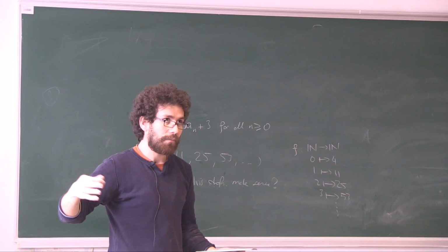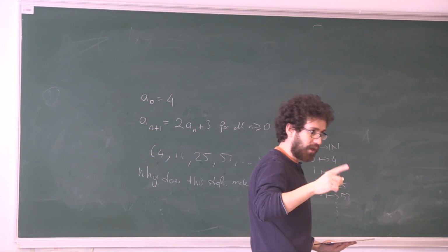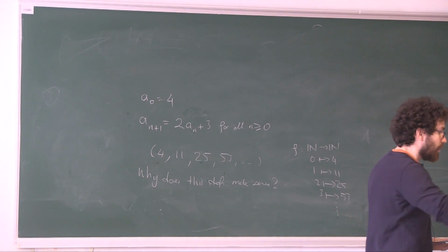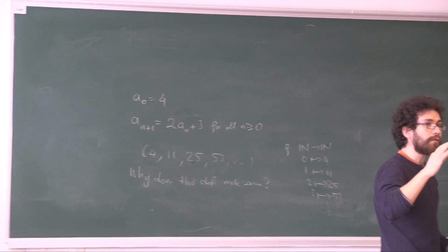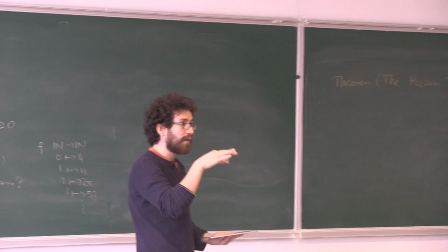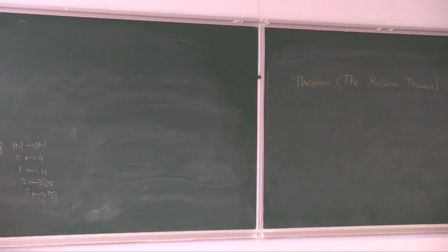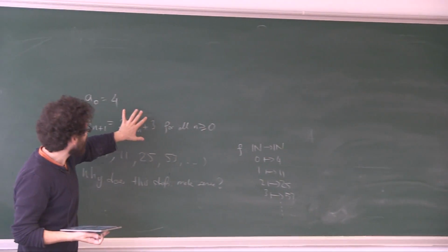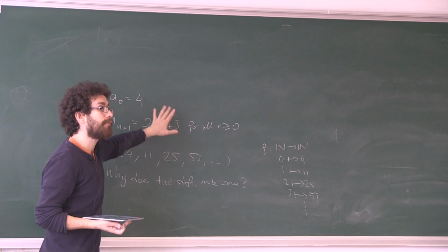There is a general version of the recursion theorem in the textbook I mentioned, Introduction to Set Theory, the version where we have parameters. You can look at the proof of that if you want, but in the lecture, I'm going to do the parameter-free version where you can only do recursions like this. So in the recursion, you're only allowed to look at the previous element, not the elements before that, okay?